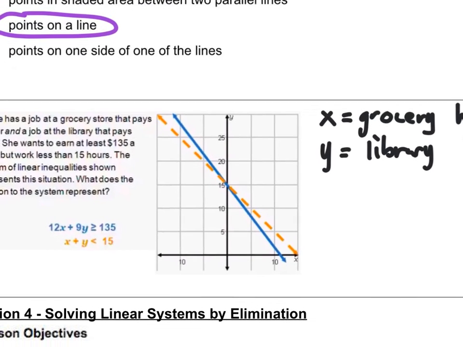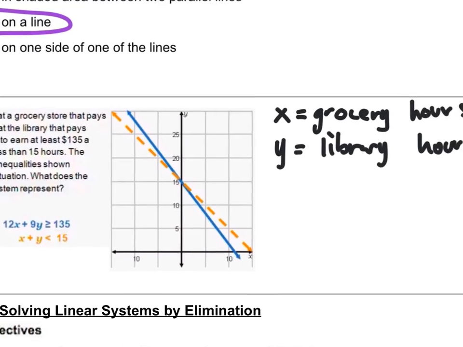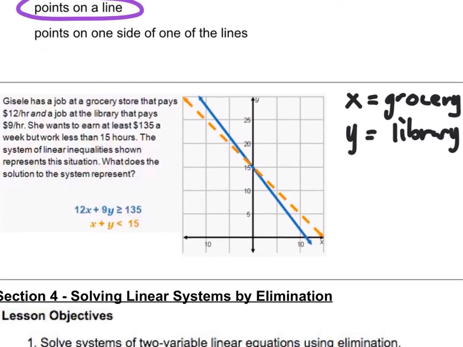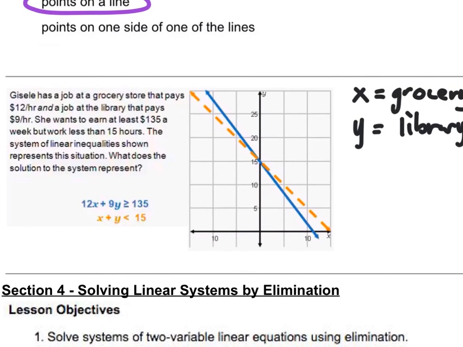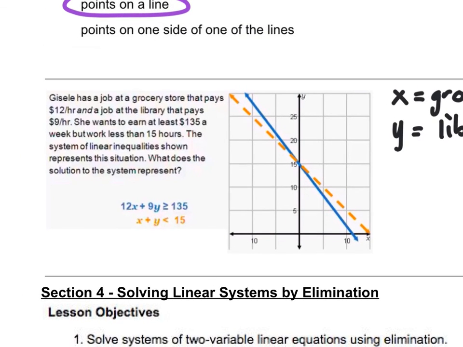With that, we want to make at least 135, if not more. But if we combine the number of hours that we work, we want that to be less than 15. So the solution is any combination of x and y values that work for this.